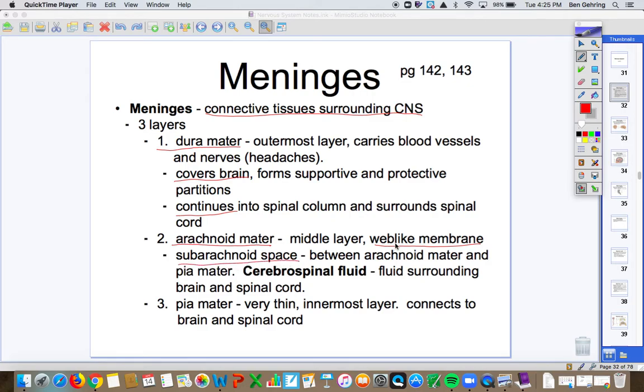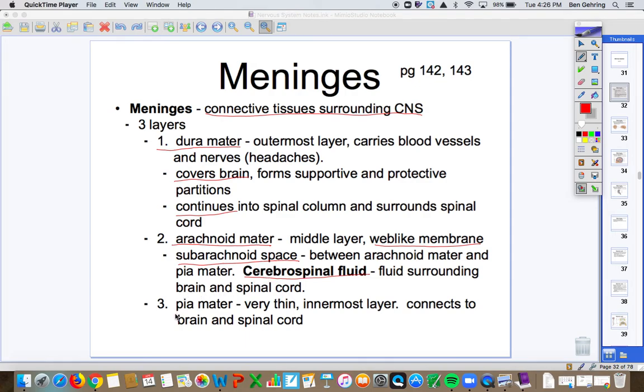And this space is really important because this houses what we call your cerebrospinal fluid. This is your fluid lubrication, so it's kind of like an oil. It also provides nutrients and minerals and everything that your nerves and your nerve cells need to function correctly. So this cerebrospinal fluid is really important for that matter.